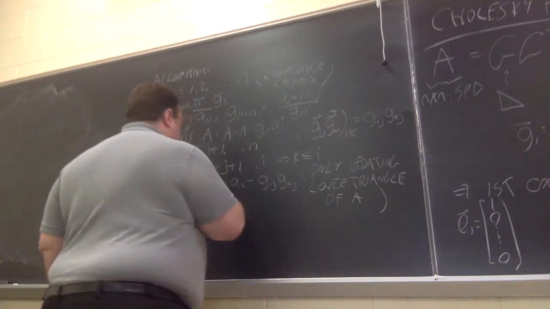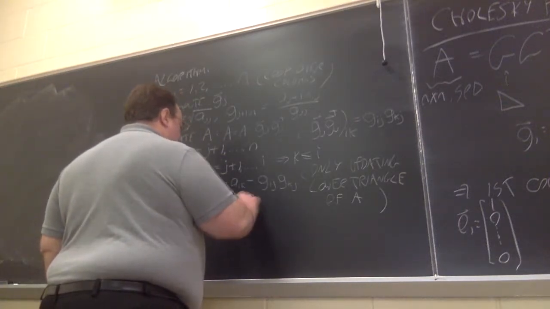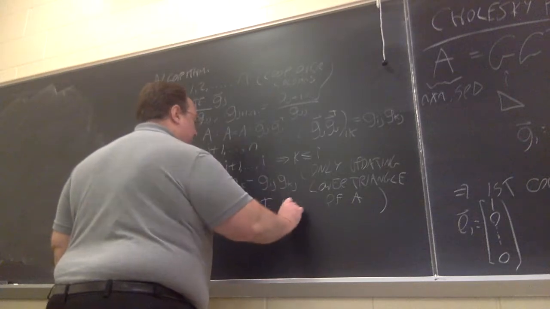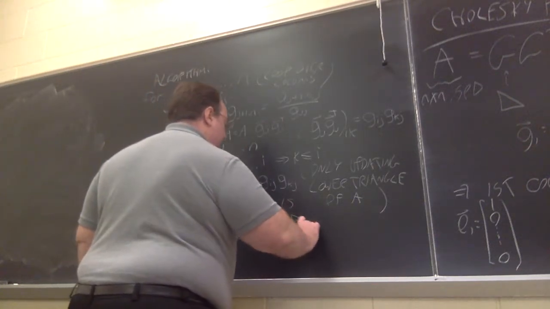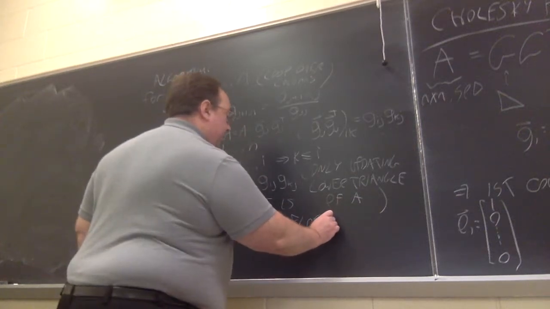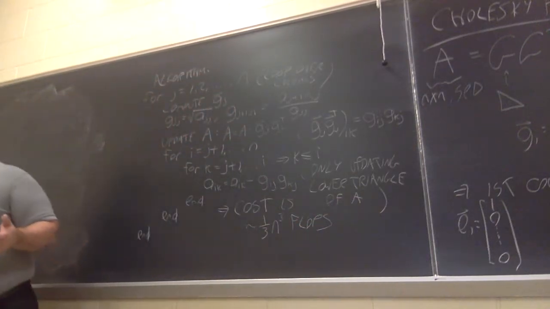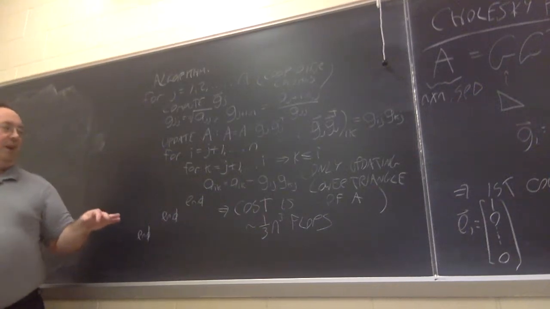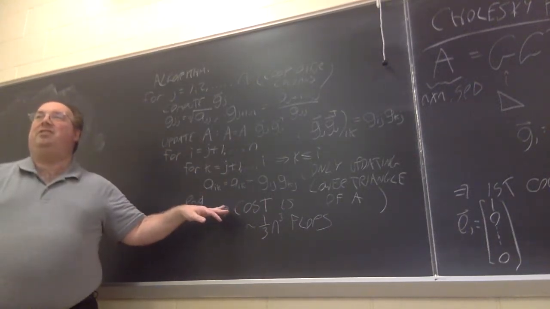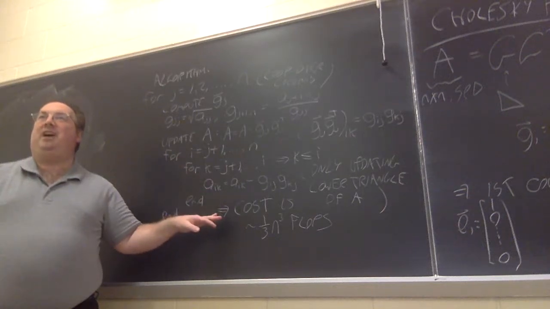So the result of all this is the cost of this algorithm is roughly 1/3 n cubed floating point operations, compared to Gaussian elimination, which is how many? 2/3. So by touching only about half the matrix, we save ourselves half the operations.